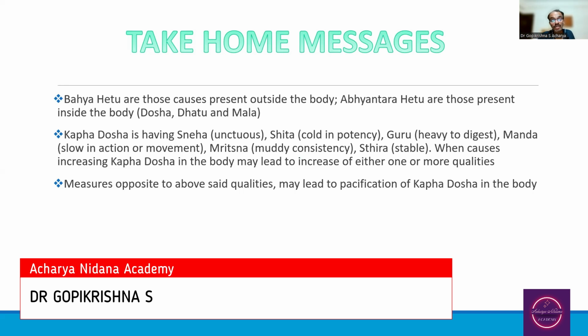When causes which are increasing kapha dosha in the body lead to the increase of either one or more qualities of kapha dosha, there may be a possibility of clinical manifestations which are considered to be happening because of abnormal kapha dosha increase in the body. If you are going to take the measures which may reduce these qualities, then we are going to expect the decrease in the kapha dosha in the human body. So that's all for today.